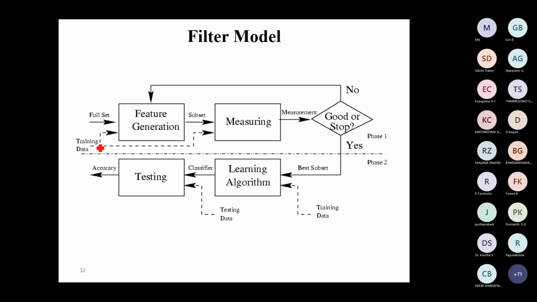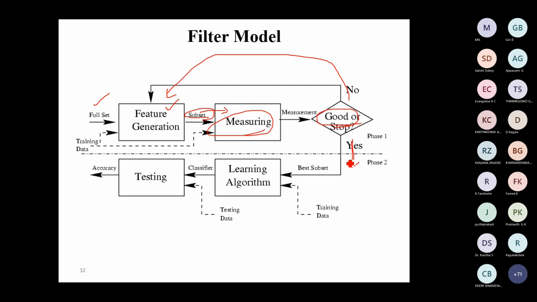This is how the filter model works. We give the full set and generate a subset of features. That subset is given to the evaluation measure, which could be distance, information or any other measure. We measure whether the selected feature subset is a good one or not. If it is a good one, we come out. If not, we select another subset and evaluate it again using the measure.